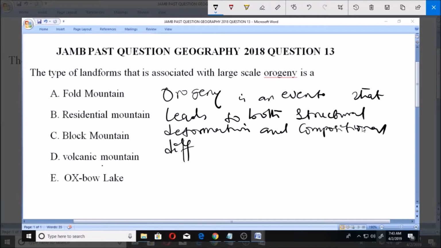Now, of the Earth's lithosphere at convergent plate margins.